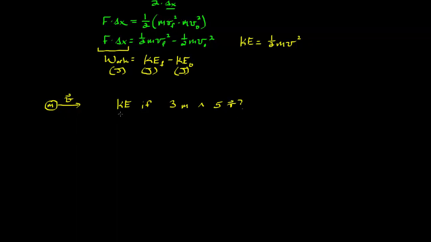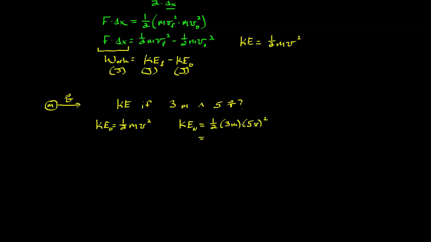What's the new kinetic energy? Let's find our original kinetic energy. Our kinetic energy in this case would be 1/2 mv squared. That's our original, I'll put a little O. And then we have some new kinetic energy. The new kinetic energy would be 1/2 of 3m times 5 times the velocity squared.